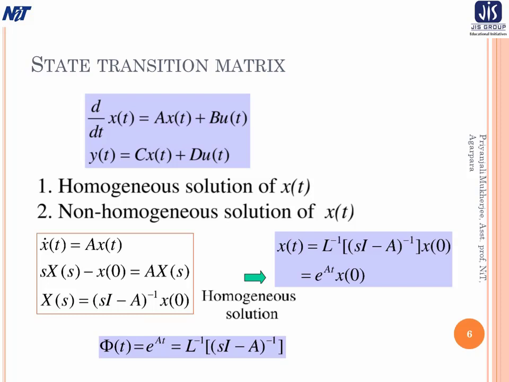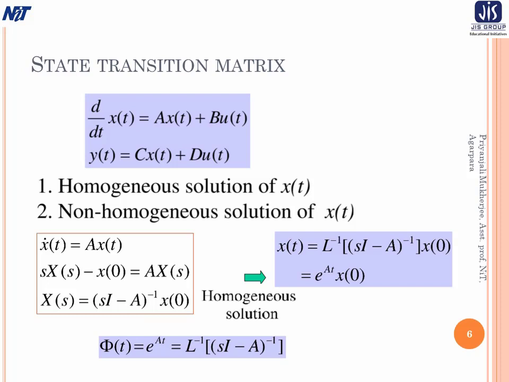Now taking the Laplace transform on both sides, we get sX(s) - x(0) = AX(s), or X(s) = (sI - A)^-1 x(0). This x(0) denotes the initial state at t = 0.